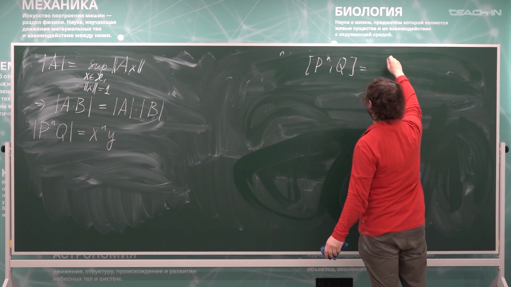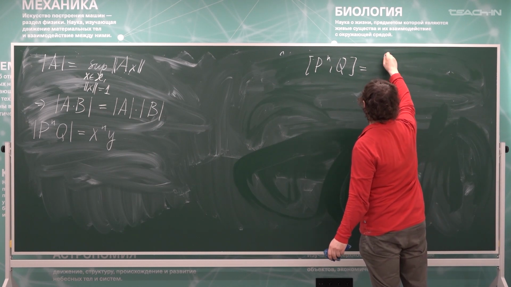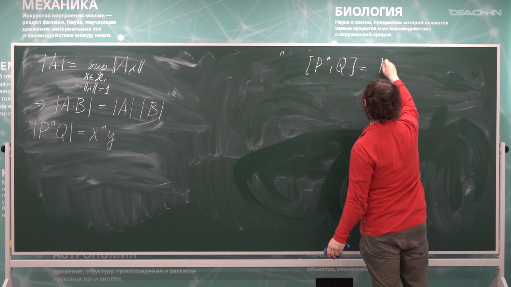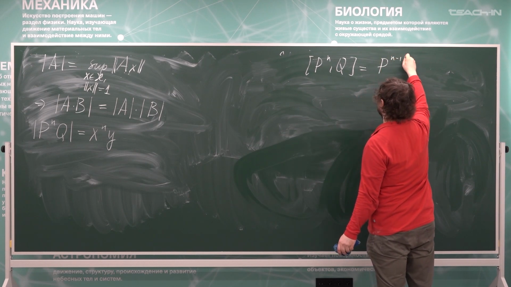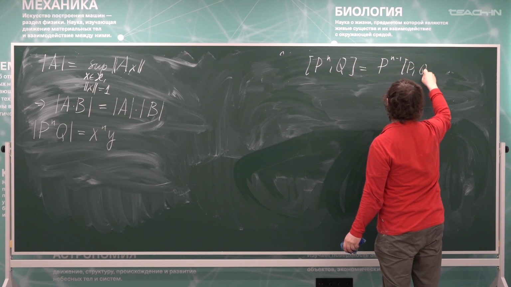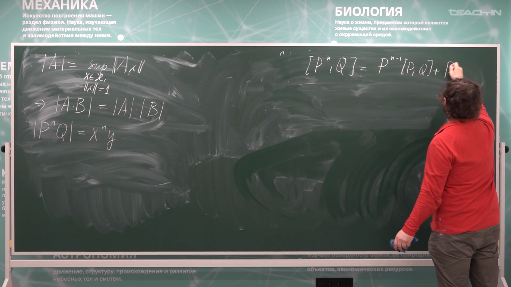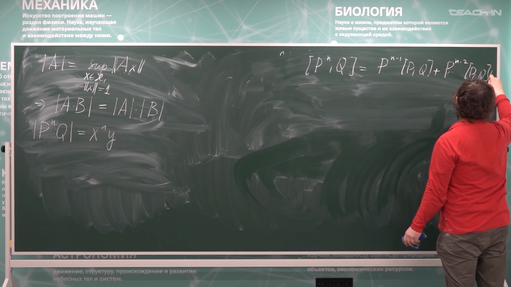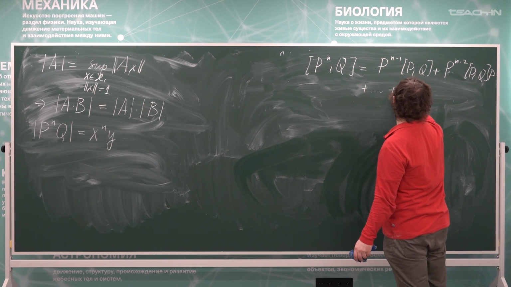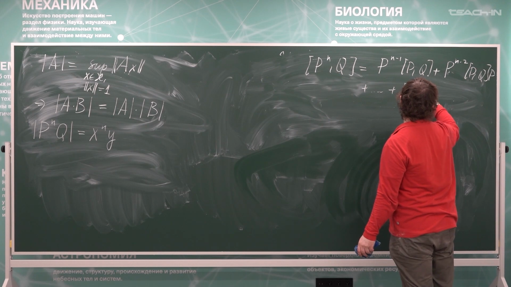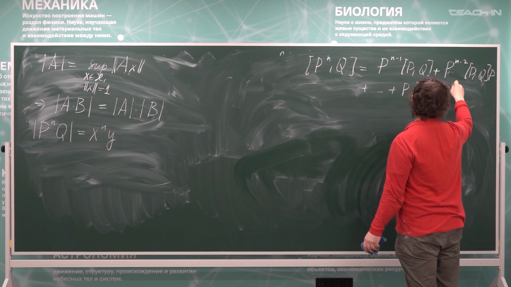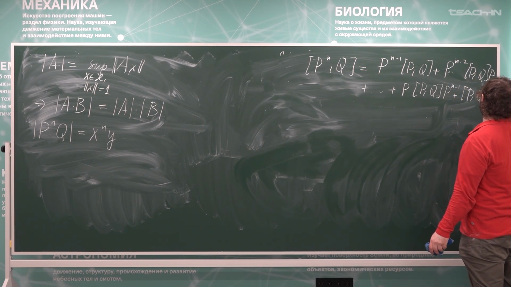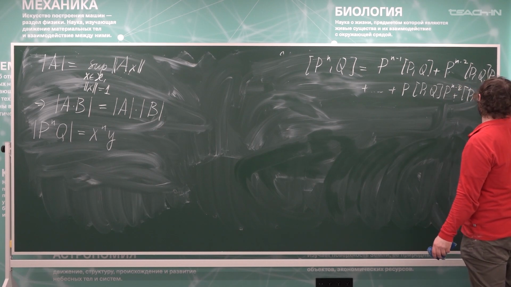It is equal to the following sum by the Leibniz rule. Using the Leibniz rule, we have p^(n-1) pq plus p^(n-2) pq, and so on, plus pq p^(n-1).